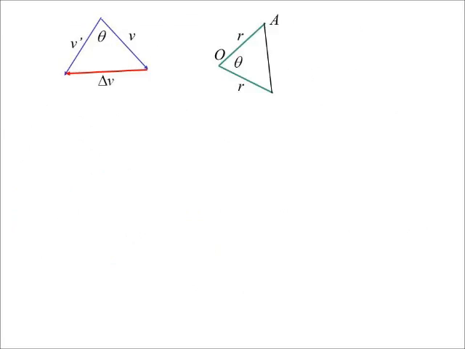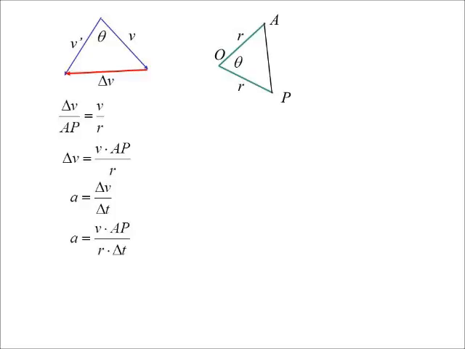Okay. So therefore the change in v over AP is equal to velocity over the radius. So the change in velocity is equal to the velocity times the length of AP over the radius. Now acceleration, we know, is the change in velocity over the change in time.